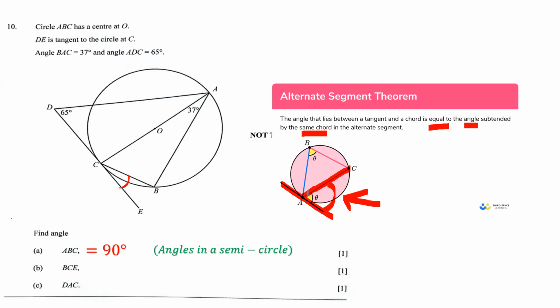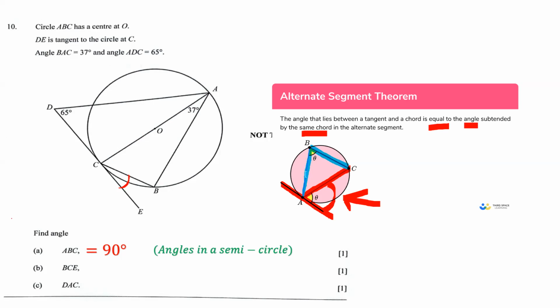If we look at this chord and we look at this angle theta, this is the angle that is subtended by the chord, because the legs of this angle rest on this chord. That's what we mean by the angle being subtended by the chord.